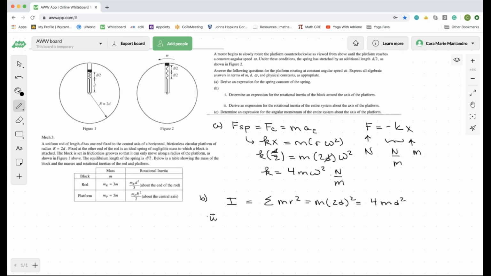All right, so then for part 2, we need to figure out your moment of inertia for the whole thing. That is going to equal the platform, the rod, and the object. So I_P plus I_R plus I_O. For the platform, they gave it to us. And they gave us the rod.